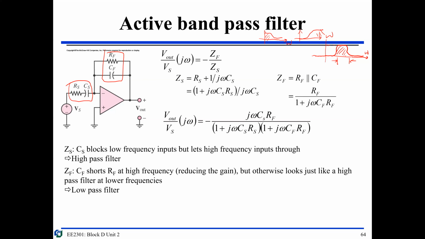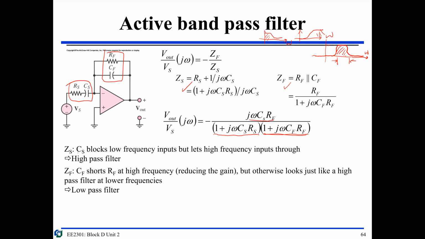So we'll see what this is. Then we do the same thing about ZF divided by ZS. ZS is series. ZF, we have also seen, is parallel. So basically these two are divided. You can imagine this one is like a high pass filter in the denominator, and a low pass filter in the denominator, right?